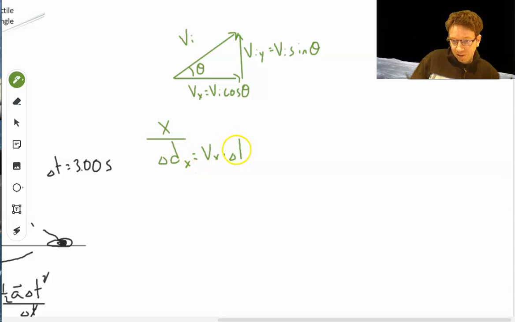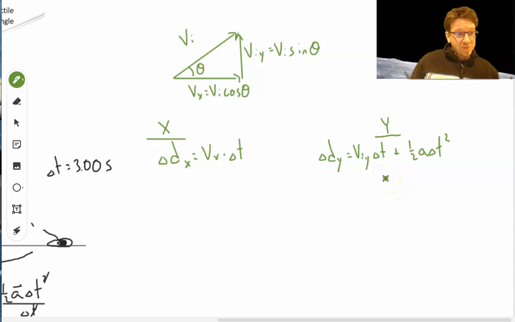And if we look at our y, we want the equation that doesn't have final velocity because that's not the one we're interested in. We have displacement in y is our initial velocity in y times time plus 1/2 a times time squared.